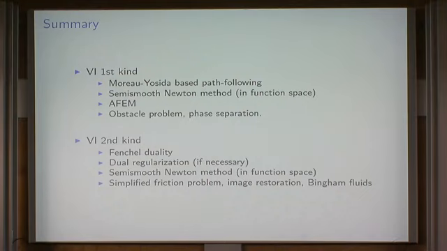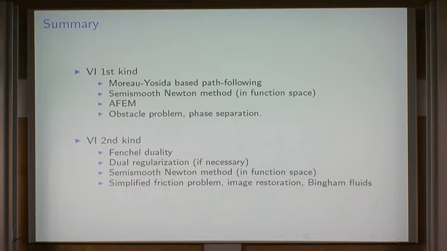Because as we have seen, for the problem as such, we may not have a mesh-independent solver. So I study AFEM for the Moreau-Yoshida regularized problem, and in that way intertwine the adaptive cycle with the Moreau-Yoshida path following cycle and get an overall convergent method.